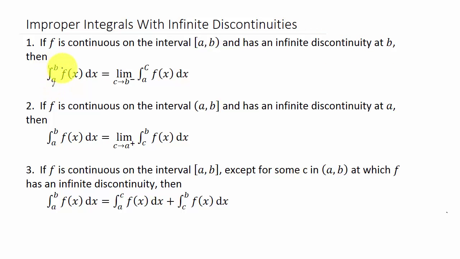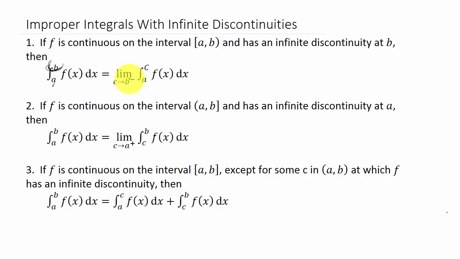Then for the integral from a to b of f(x) dx, we replace b with some other letter, in this case c, and take the limit as c goes to b from the left.